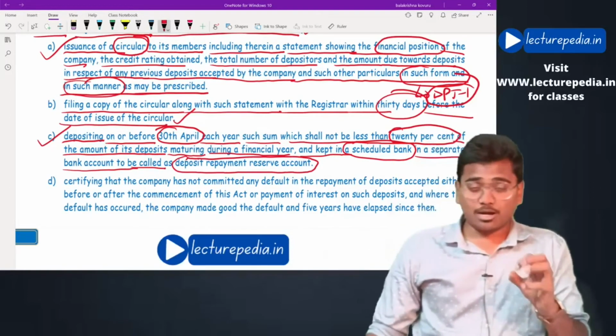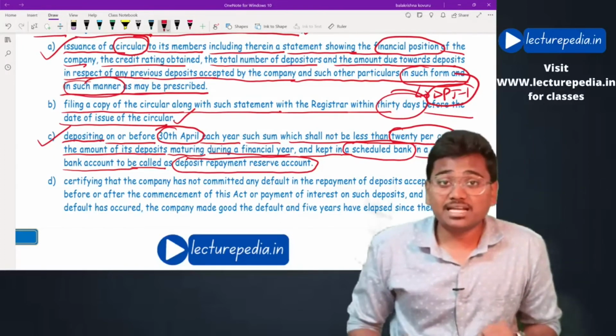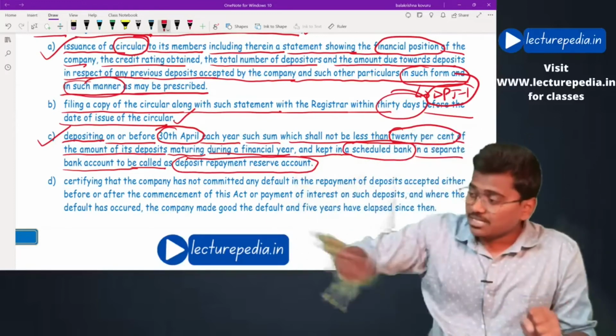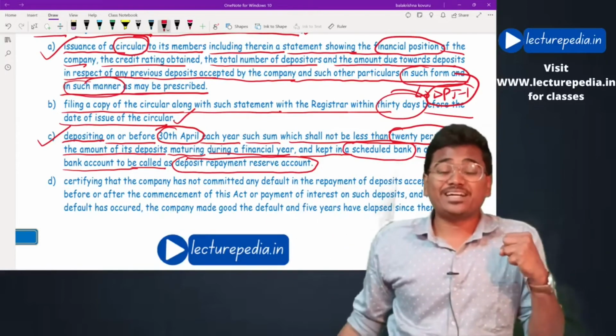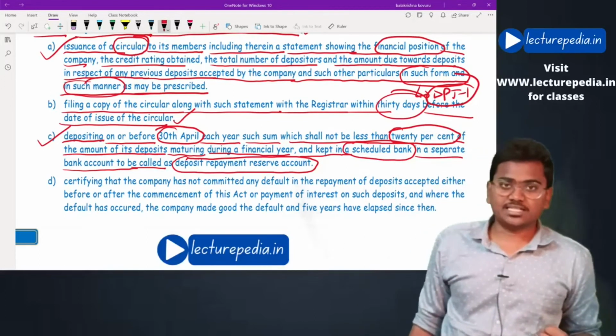Okay, this amount of deposit repayment reserve must be kept in a separate scheduled bank account. You have to open a separate bank account in order to maintain this deposit repayment reserve. Hope this is clear.